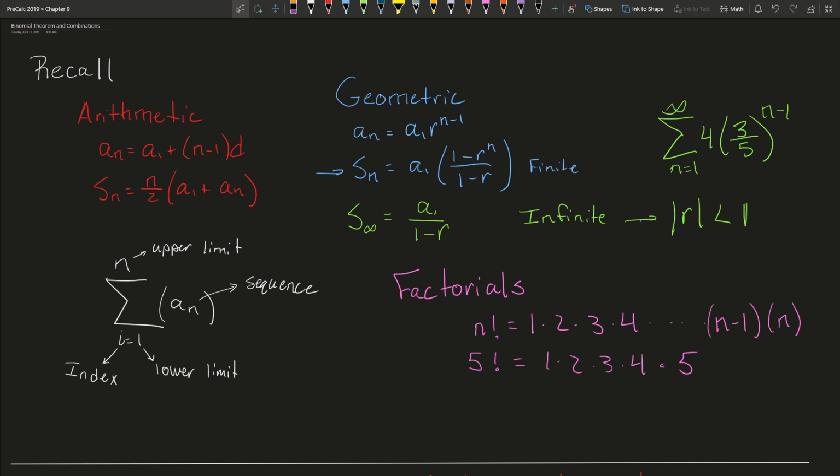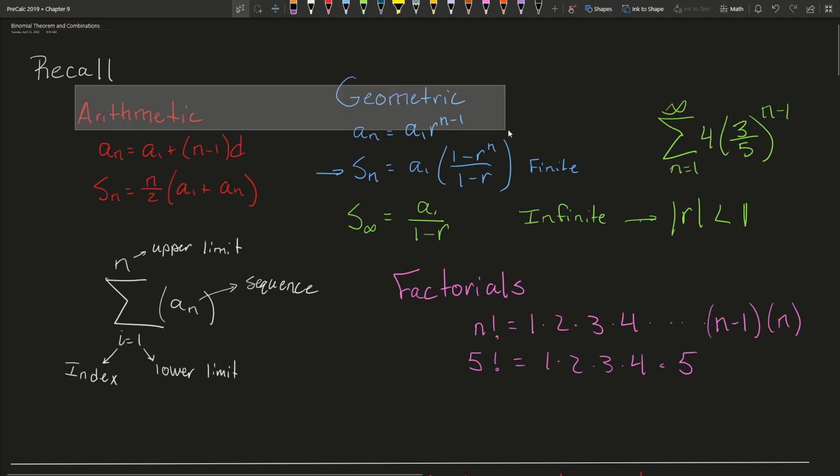There might be one or two questions that I tweak, but overall, it's about that. Some of them are really simple, like is it arithmetic or geometric? And if so, find the 10th term. So that's just applying an equation and seeing if you know the difference between arithmetic and geometric.